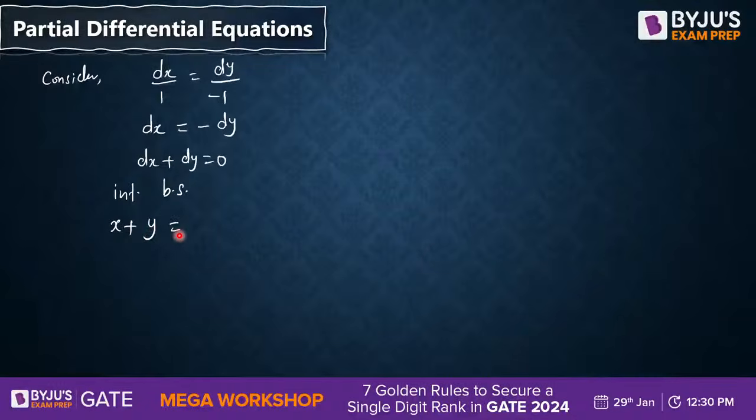And since the integration of 0 is 0, but you need to add some constant here, I am adding a constant a. So students, this is our first solution. We denote it by our usual notation u, which is x plus y equal to a.